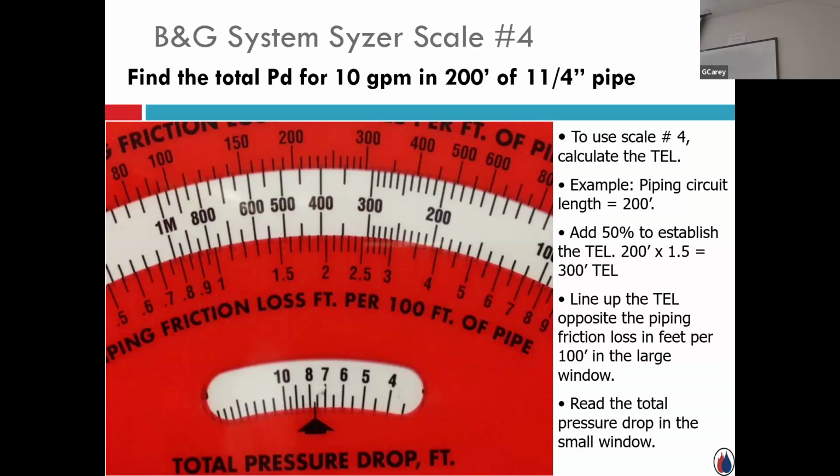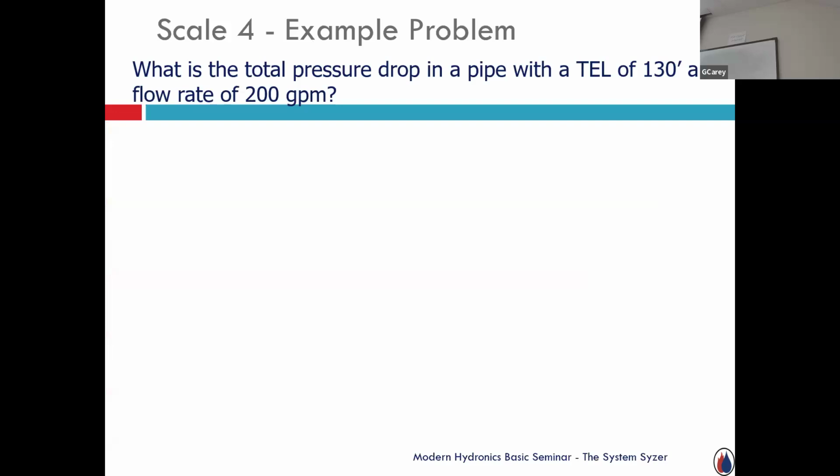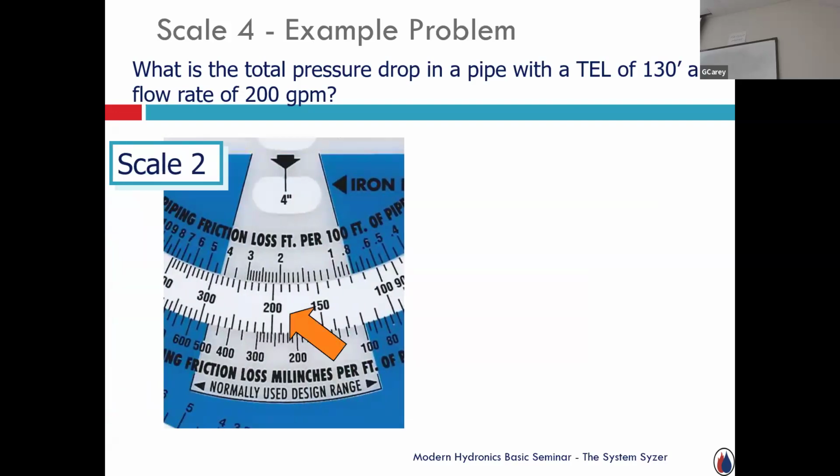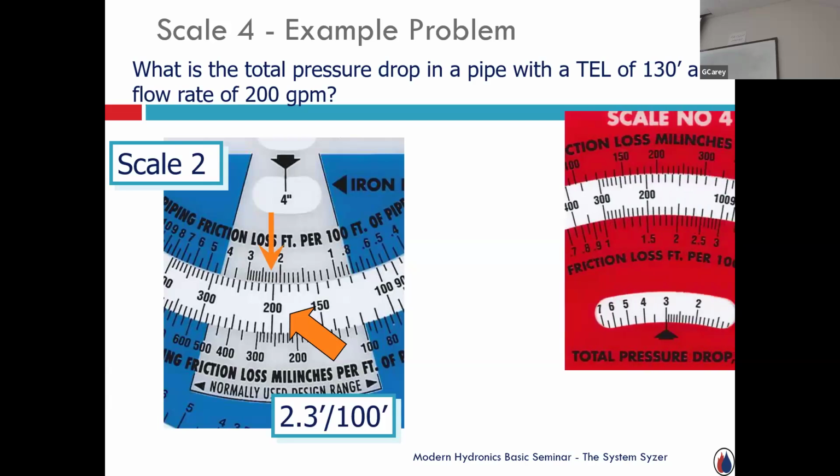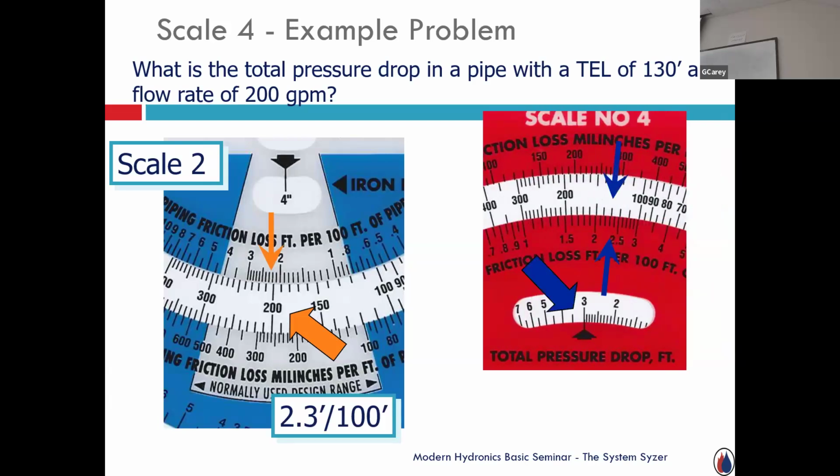And I'm going to line up the pressure drop of 2.6 that we found on scale 2 opposite 300 feet. So 2.6 opposite 300. I read here the answer is about 7.5 feet of head. It's just doing math, just a quick calculation. We don't need to keep going through these different exercises. But scale 4, it's there. It's a calculator.